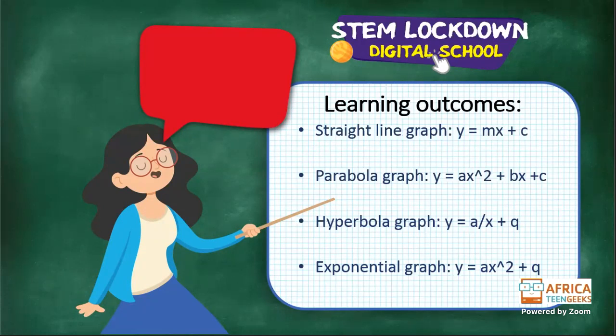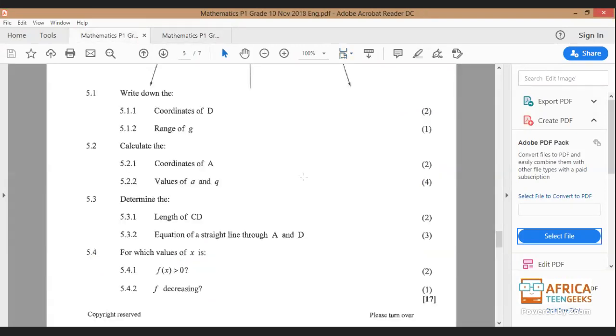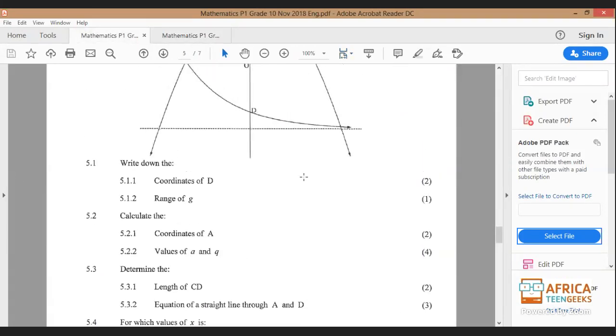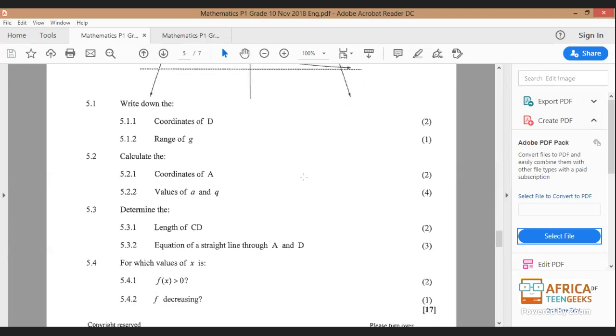Okay. So we need to finish off on what we were doing yesterday. Basically yesterday we looked at this question, question 5, right? However, we were supposed to do 5.3 and 5.4. So today we'll be looking at 5.3 and 5.4. We did 5.1 and 5.2.